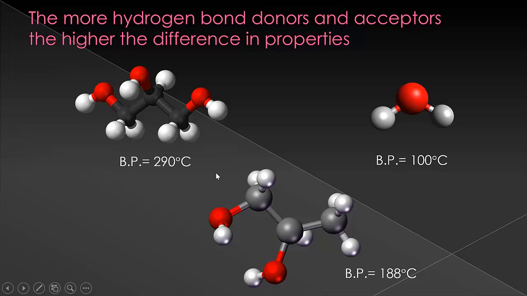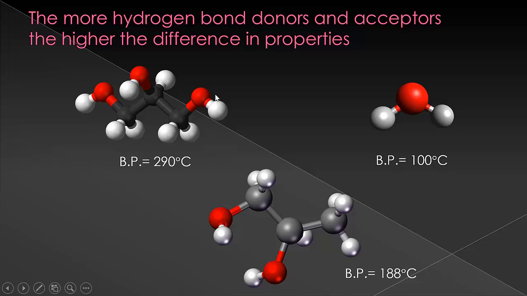But if we look at something like what we have here, where now we have our 3 carbons, we have an OH group and an OH group, we've added an extra oxygen here. And so this allows even more hydrogen bond donors and acceptors, and even more hydrogen bonding to happen. Because now this part of the molecule can hydrogen bond, and this part can hydrogen bond. Now you have the added issue of it being much larger, and so you have many more electrons, and so you also have more dispersion forces as well.